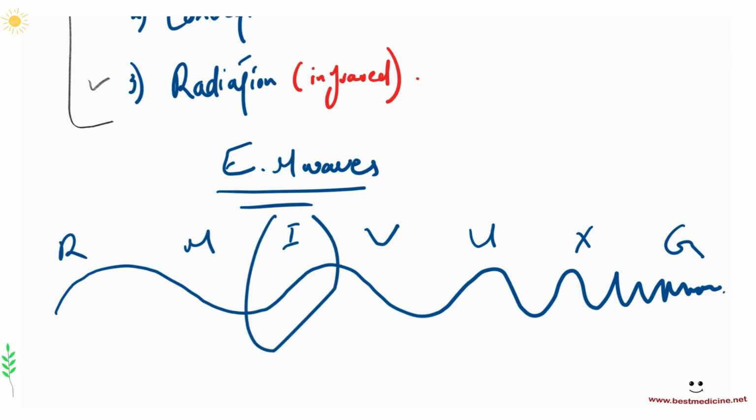So infrared is around here. Now here's the thing. When you have infrared, if you go to the right, the wavelength decreases. Here's the symbol for wavelength. Wavelength decreases and the frequency increases, right? If you go to the left from this point, then the wavelength increases and the frequency decreases.